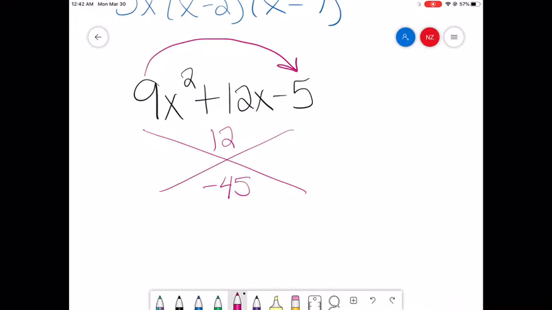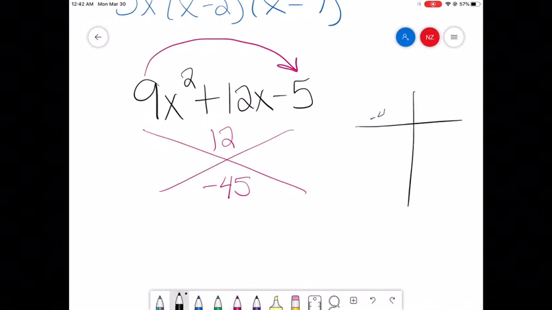Now when I'm multiplying, I want to figure out what gives me -45. And when I'm adding, I want to think about what gives me 12. So I have 1 times 45. That has to be negative, so I have to do all the reversals as well.